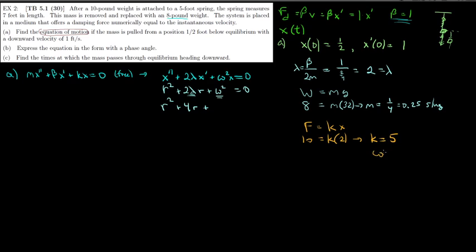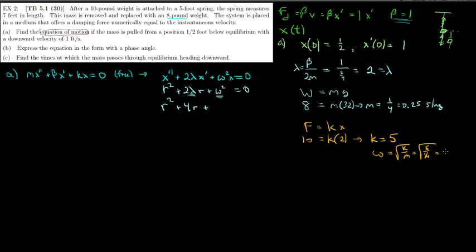What's omega? Omega is the square root of k over m, right? So this is 5 divided by 1/4. Wait, is that right? Yes, k is 5 and m is 1/4.